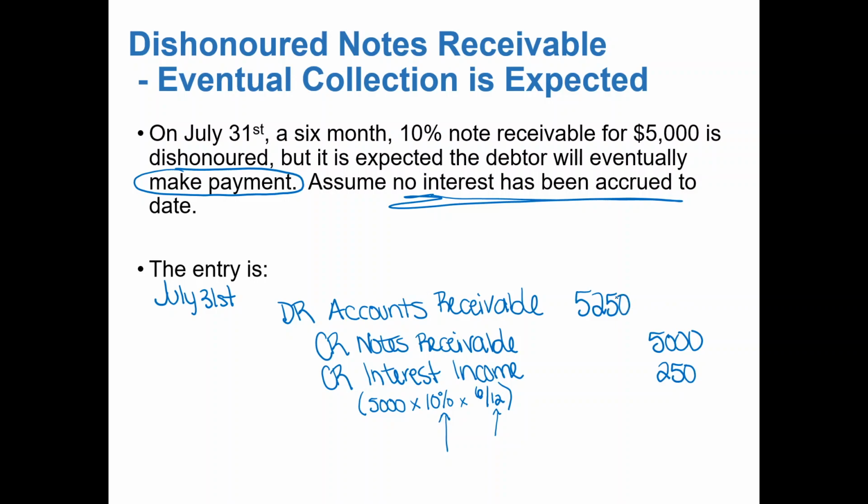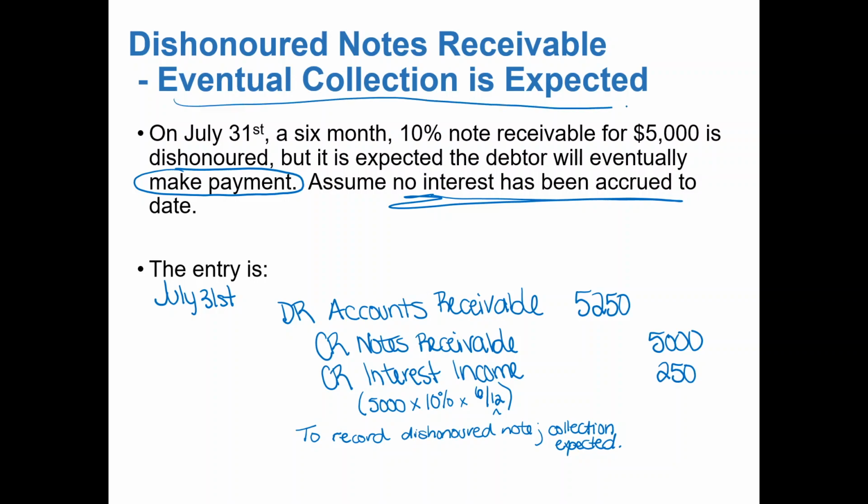So we're going to try and collect the full $5,250. And our note here would be to record dishonored note, collection expected. So that's why we're putting it into AR and recognizing the interest. Okay, so that is when eventual collection is expected.